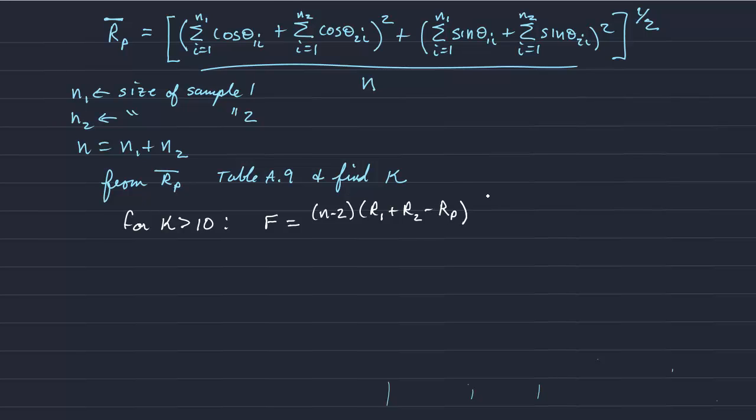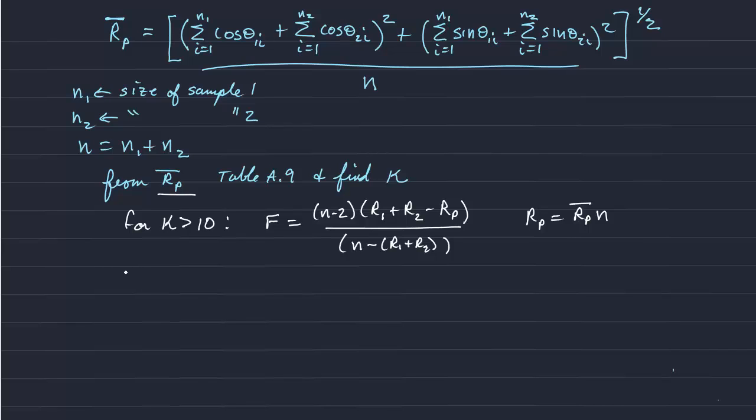So that's where we're comparing the sums of the two resultants with the pooled resultant. And that's divided by n minus R1 plus R2. The length of the pooled vector is, of course, the length of the normalized pooled vector times the total number of samples from both data sets.